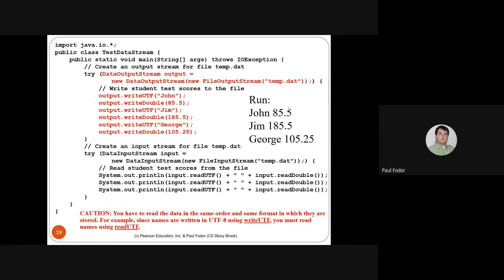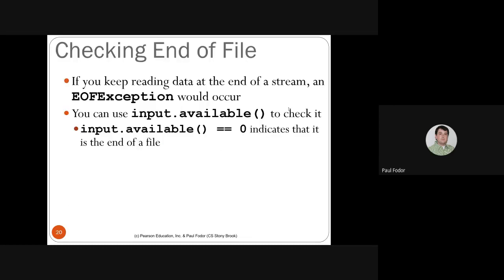In fact, in this case, most likely it will actually crash because it will throw an input-output exception, since we are trying to read something that is not there anymore. Now, if you keep reading data from a stream, eventually when you try to read, you will get an end of file exception.